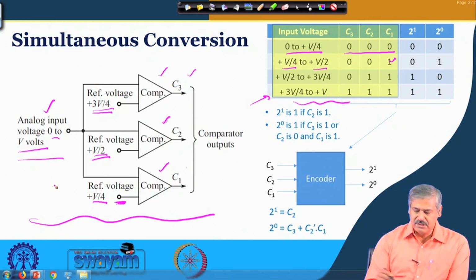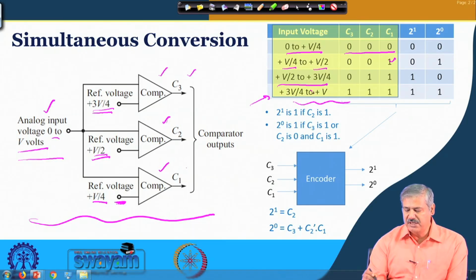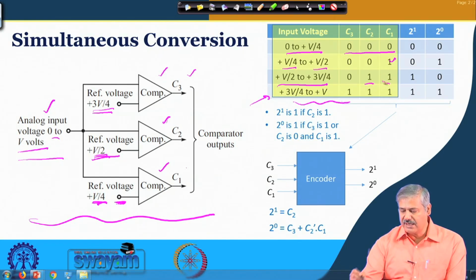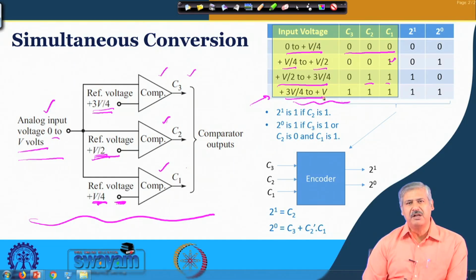When it is in the range plus V by 2 to 3V by 4, then what happens? Of course, it is more than this threshold voltage and also more than this reference voltage. So, C1 and C2 will be high at that time, and C3 is 0. Is it fine? And what happens when it goes to 3V by 4 to plus V?